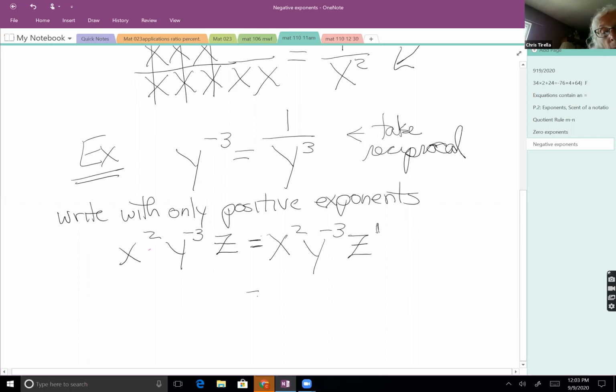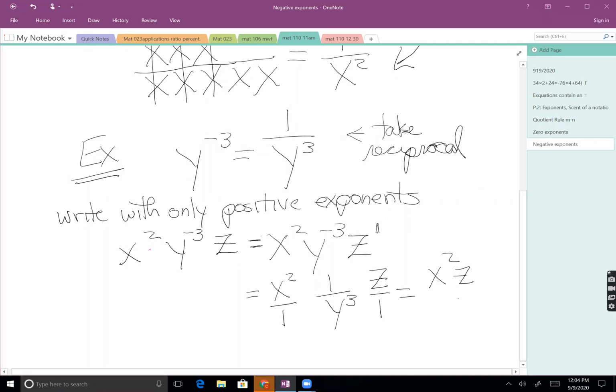The x has a positive exponent, so I can think of that as x squared over 1. The y has a negative exponent, so I can think of that as 1 over y to the third. The z has a positive exponent, so I can think of that as z over 1. And so my final answer would be x squared z over y to the third.